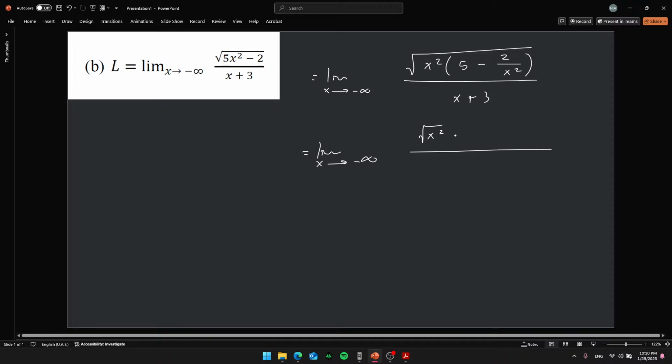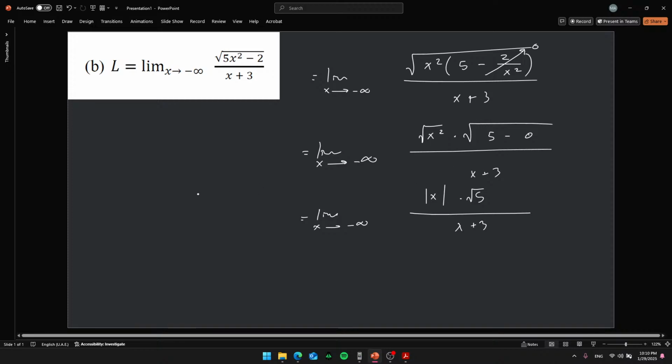So radical x squared times radical 5 minus, and I said any constant divided by x raised to any power will go to 0. So 5 minus 0, over x plus 3. This one we can simplify to the absolute value of x times radical 5, over x plus 3.